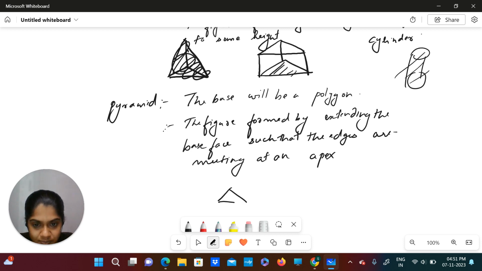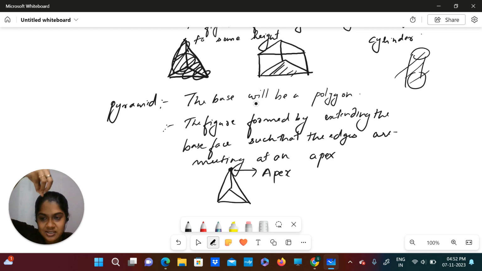For example, this bottom is a rectangle, and when we extend that, corresponding edges will converge and meet at a point called apex. Okay, this is not a prism, right? It's like converging the edges, but in a prism the edges were just like this. Correct? So this is actually a pyramid.